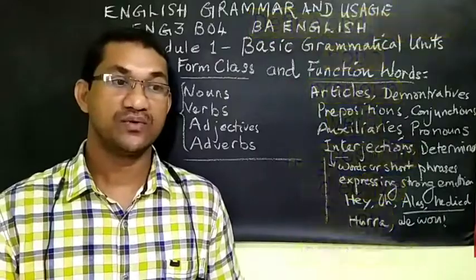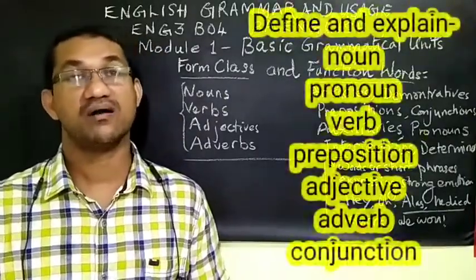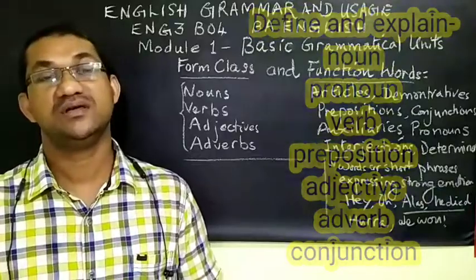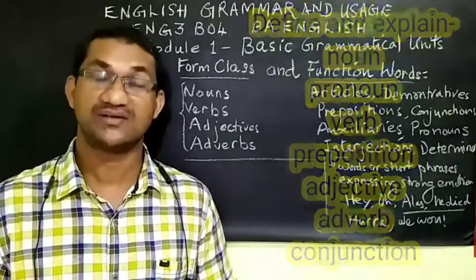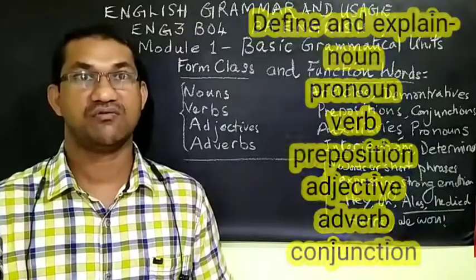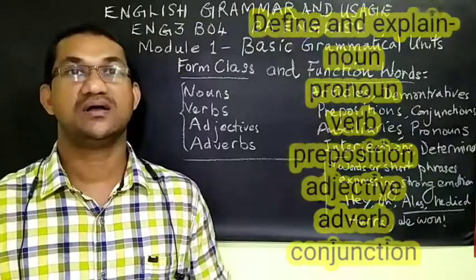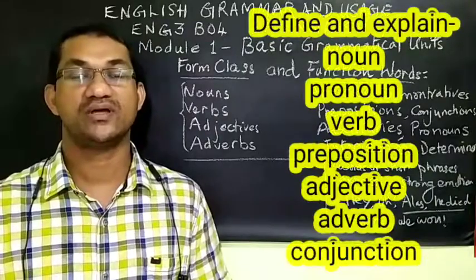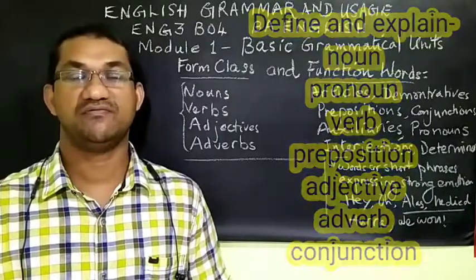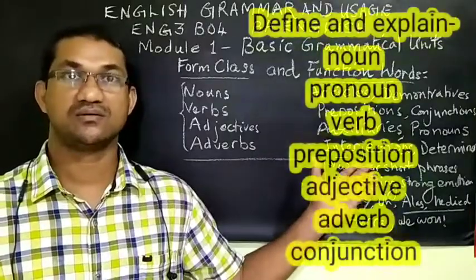We also know what formal labels and functional labels are, and we studied the 5 characteristics of form classes and the 5 characteristics of function words. We have looked at examples for each of the different concepts under form class as well as function words.